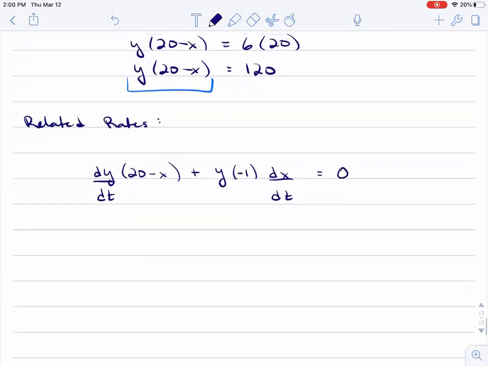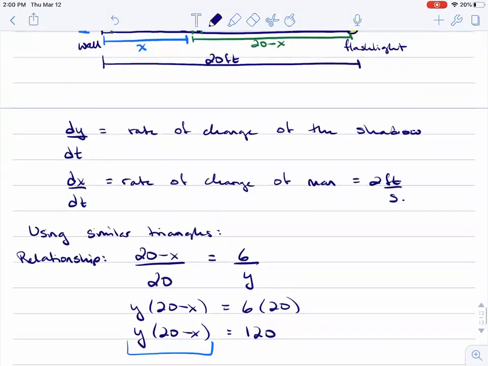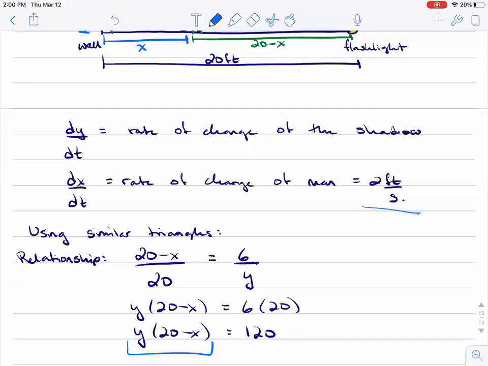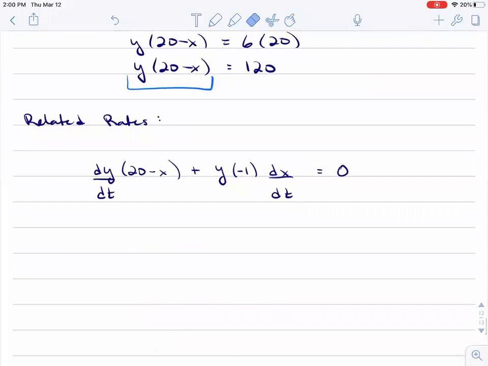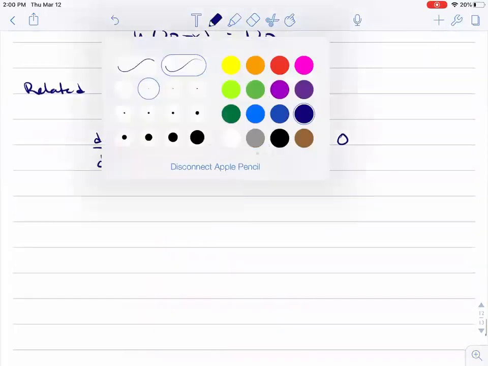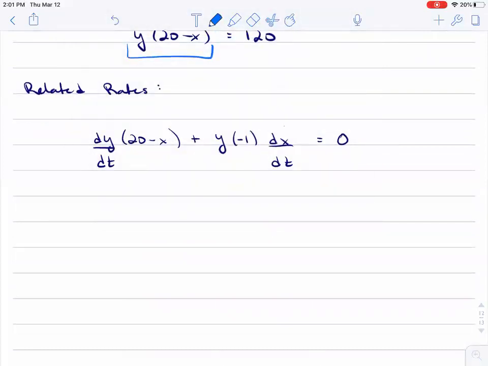So now, remember, we said we know dx dt is 2 feet per second, right? Let's use that other color again. So this is going to be 2 feet per second.